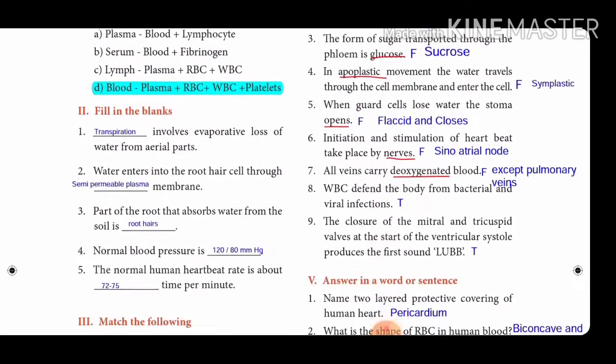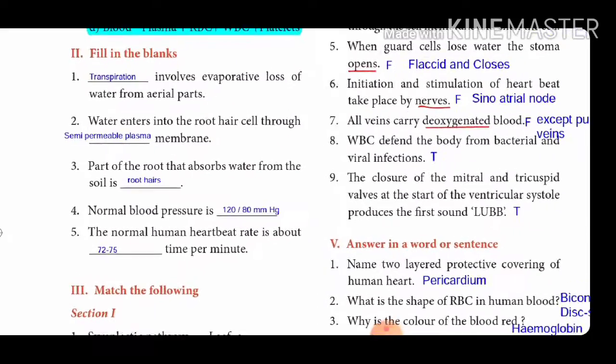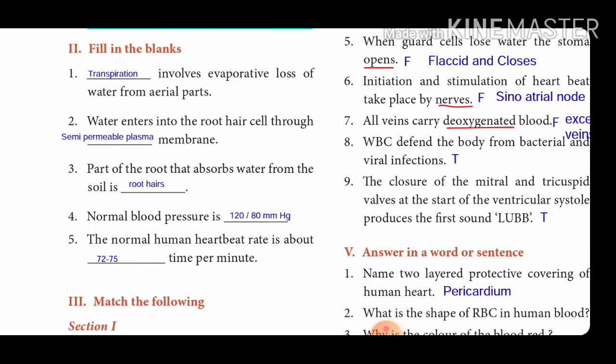Second Roman letter, fill in the blanks. First one, dash involves evaporative loss of water from aerial parts. Transpiration. Water enters into the root hair cell through dash membrane, semi-permeable plasma membrane.